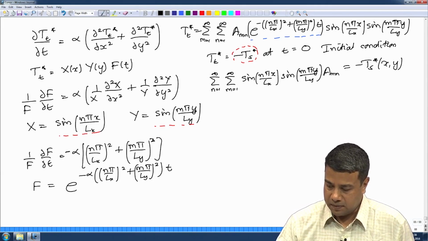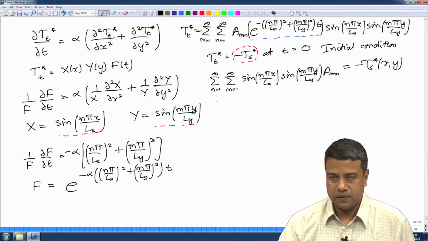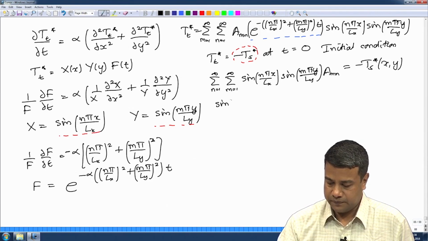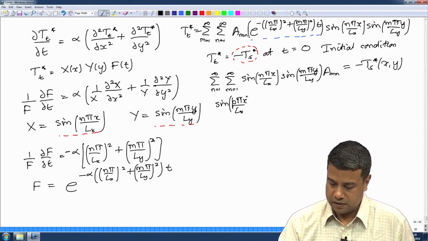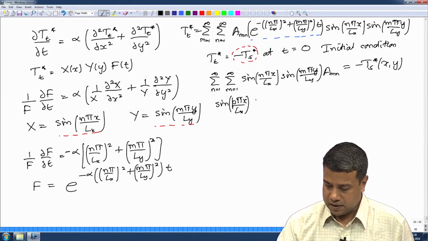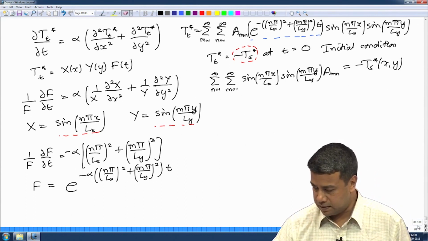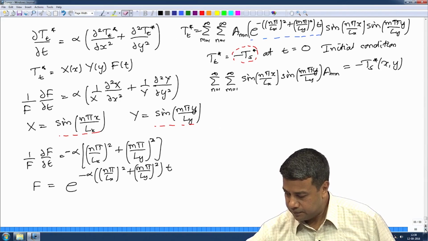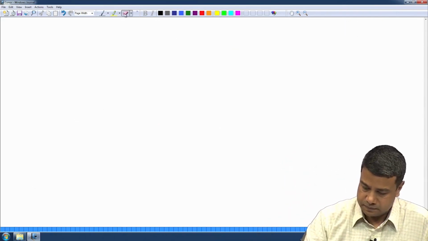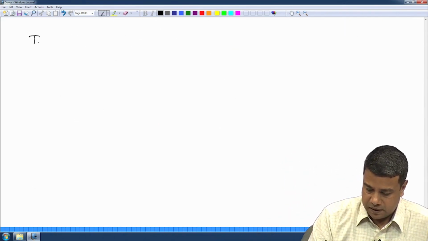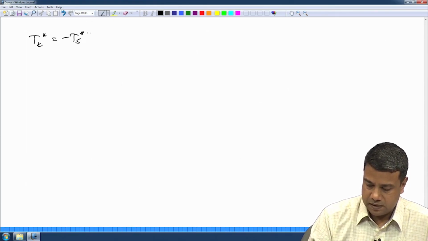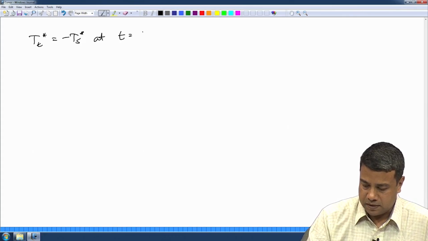I integrate both sides. I multiply both sides by sin p pi x by Lx, sin, let me do that on the next page so that it is clear. So, I have T star is equal to minus Ts at t equals 0.